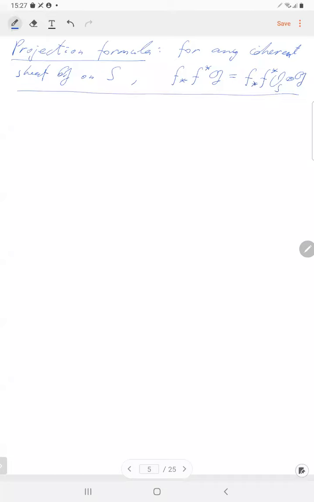So you take the local ring on S, the local ring upstairs on C, and just extend and restrict scalars.